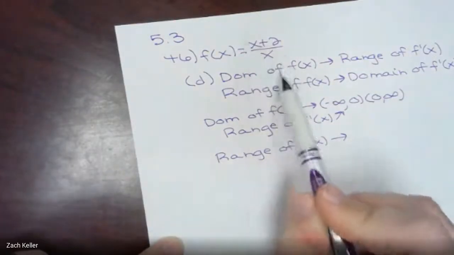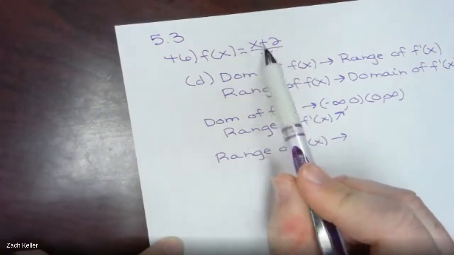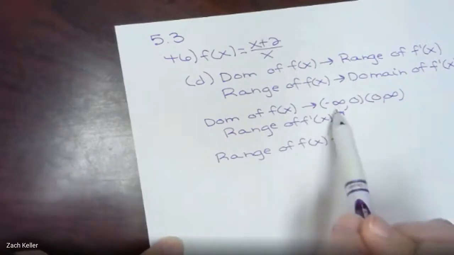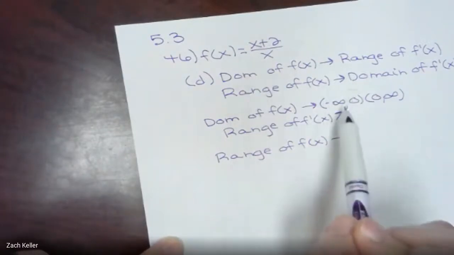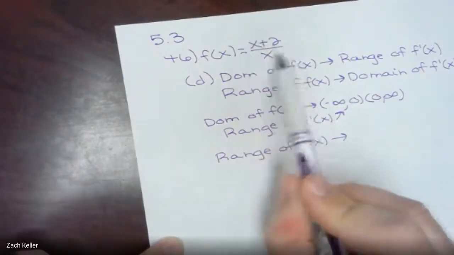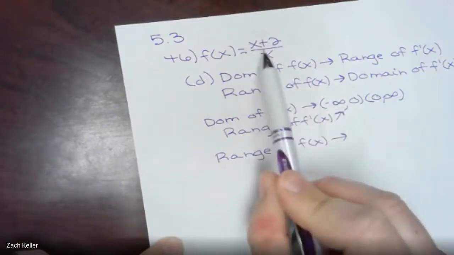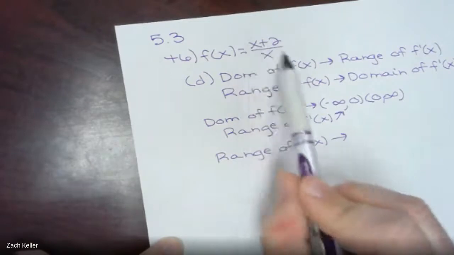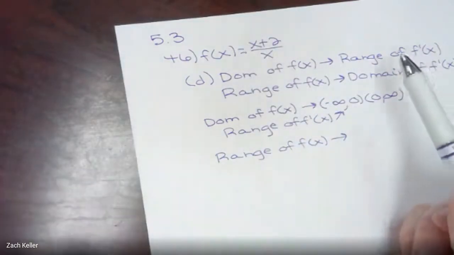If I plug in positive 4, I get back positive. If I plug in negative 4, I get back positive as well. But if I plug in negative 1, I get a negative.